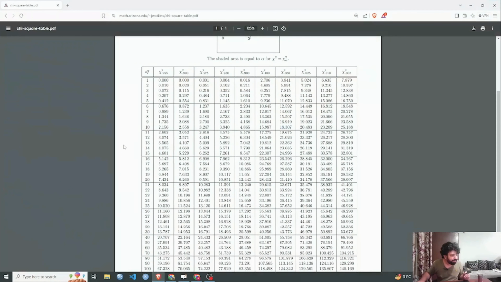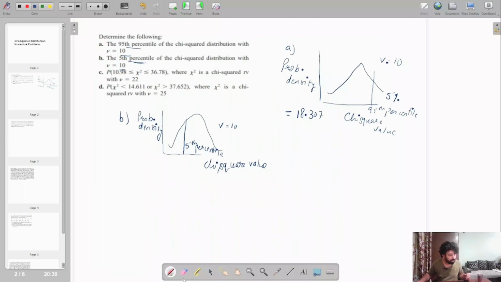Here if you see, I have degree of freedom 10, and I need to find out the fifth percentile, which will be this one. Since I have to find it to the left, we are going for 95 here, and the value will be 3.940. So I'll go back here and I will write down the answer, which is 3.940.